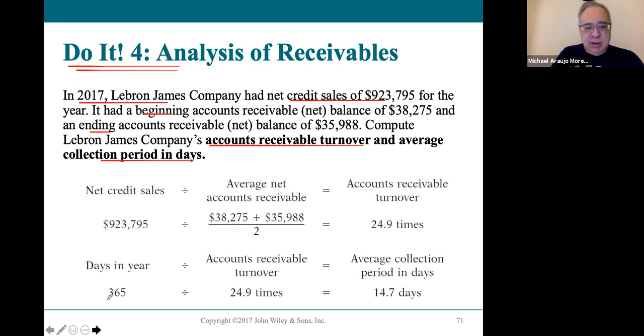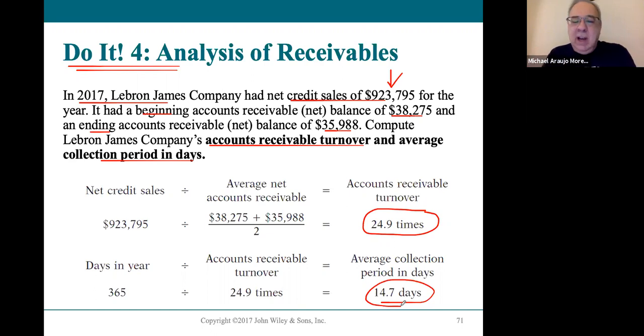In this case they had 923,000 of credit sales and average receivables from these two numbers divided by 2. 24.9 times a year is incredible. When you divide 365 by that, they're collecting their receivables basically every 2 weeks, 14.7 days. That's incredible speed, incredible agility. But what else would you expect from LeBron James?